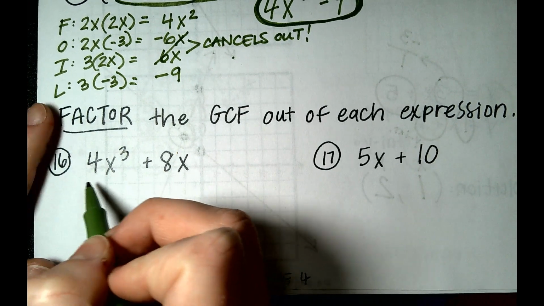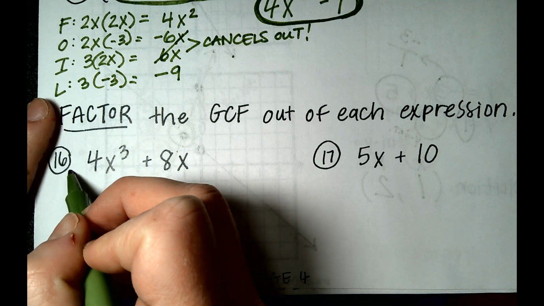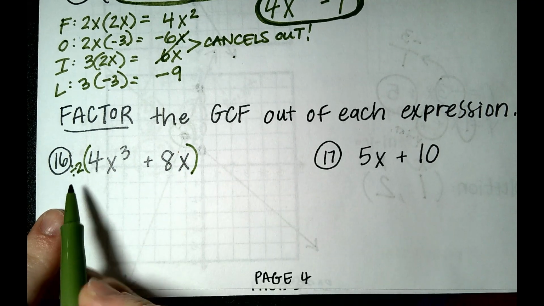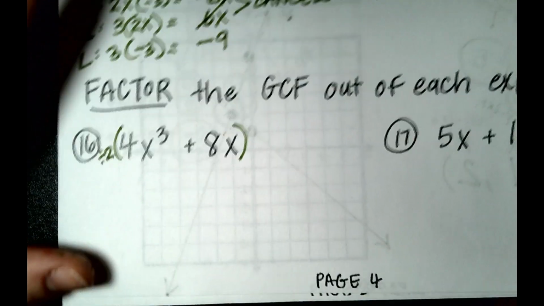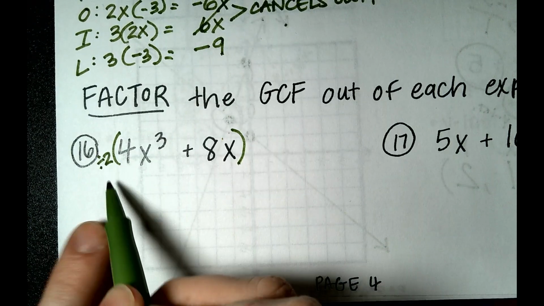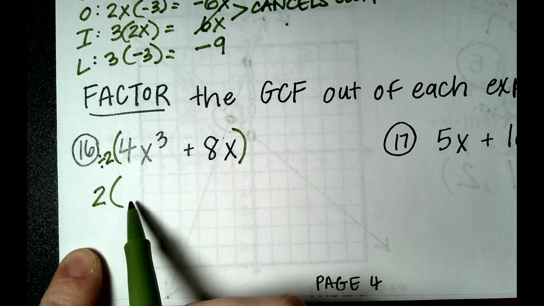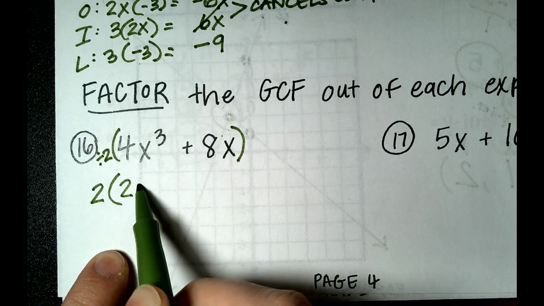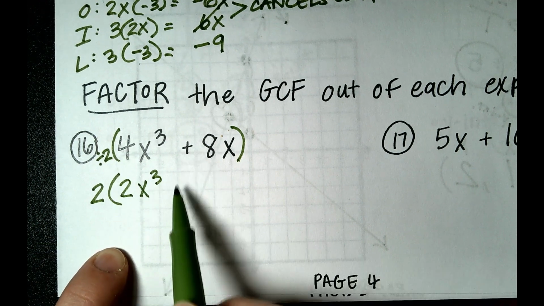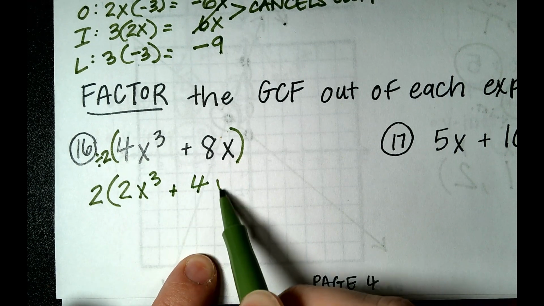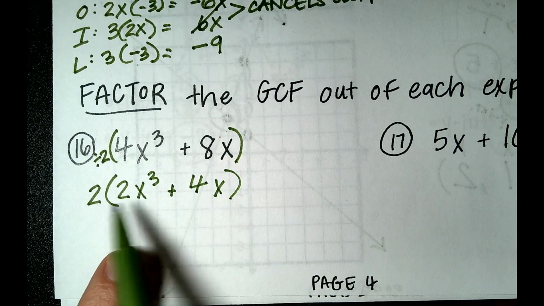I'm going to write divide by 2 outside. Now I'm going to have this 2 out here. And what is 4 divided by 2? 2. I'll bring down my x to the third power. Plus, what's 8 divided by 2? 4x.